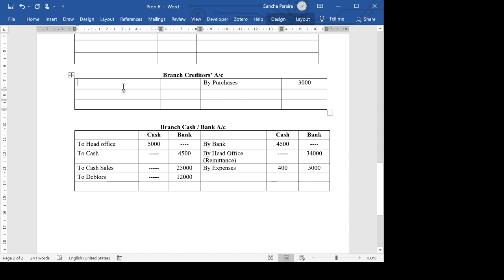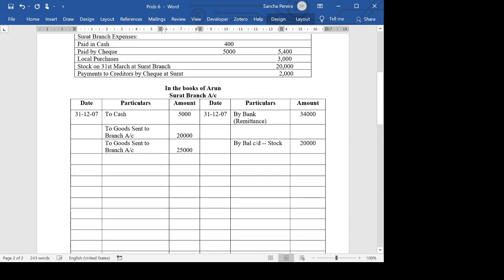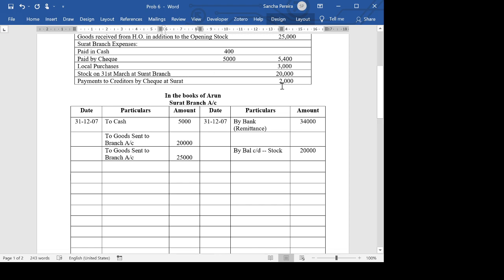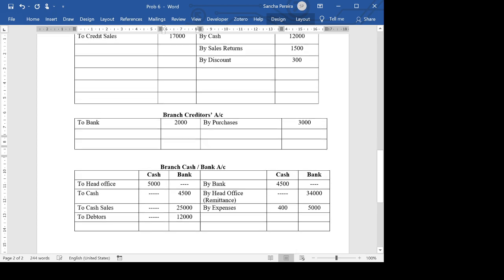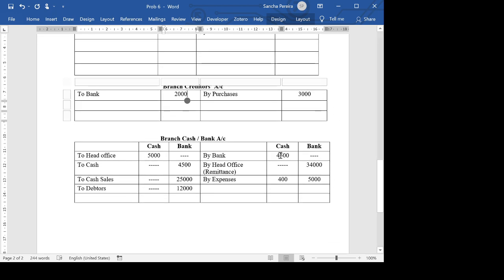Creditors account debit, to bank, an amount of 2,000. This is also going to affect your cash and bank account. So I'm going to say by creditors, since it's a bank transfer, they have paid an amount of 2,000 by bank.